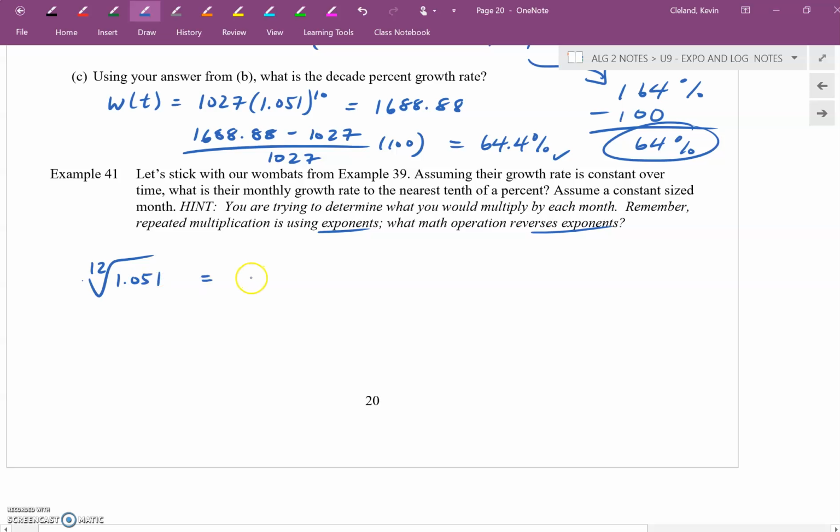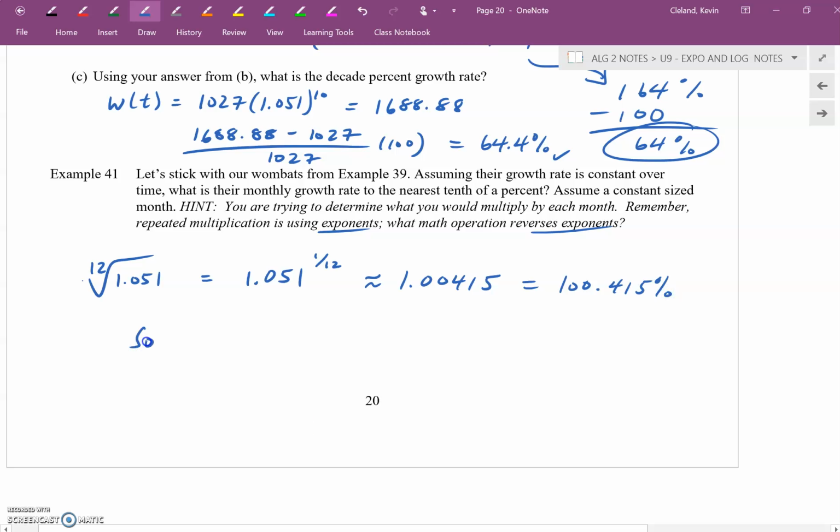And a little review, this would be helpful if you're using a scientific calculator as well, that's equivalent to raising 1.05 to the 1/12th power. And I'm getting that this is about 1.00415, which remember is in decimal form because this is originally in decimal form. So that is equivalent to 100.415%.